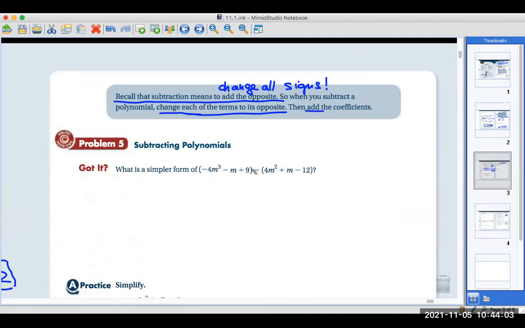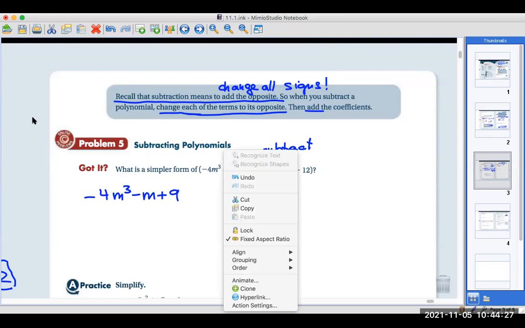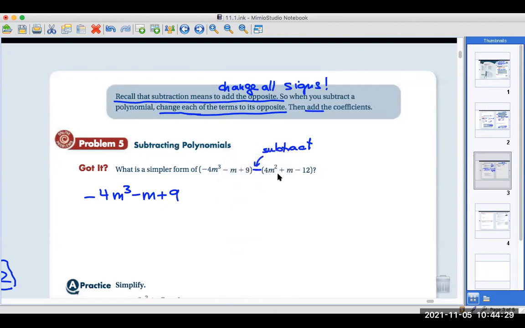Let's look at this. See how you have a minus here? This means subtract this. Okay, so it says, what is a simpler form? So I'm going to write the first part without the parentheses. And then I will change all the signs here. That's going to be a negative, and that's going to be a positive, and that's a negative.